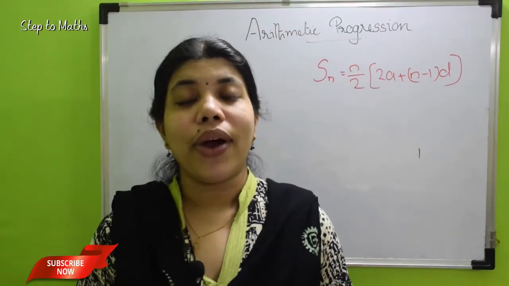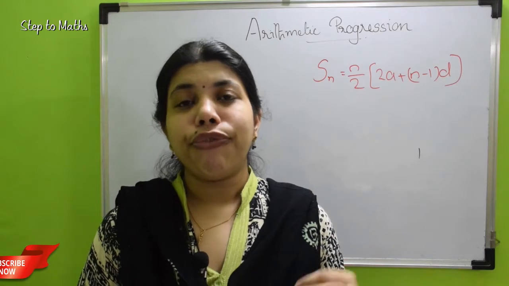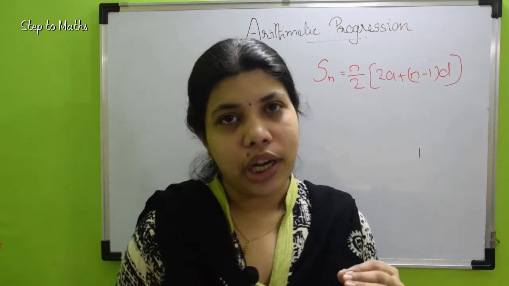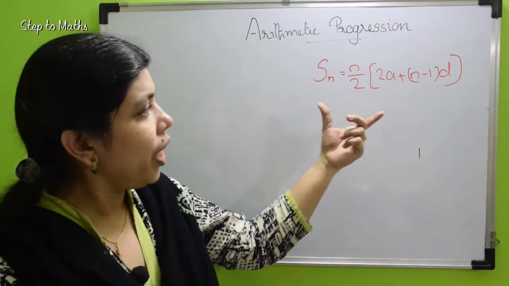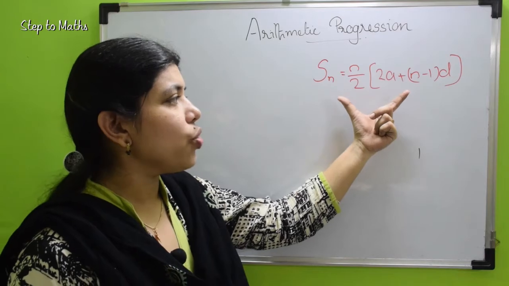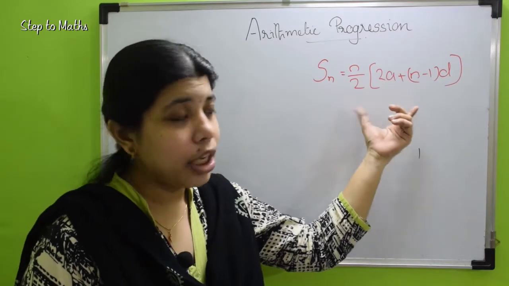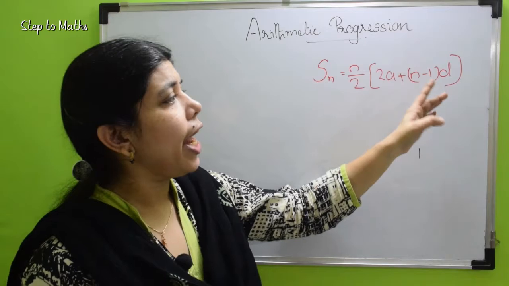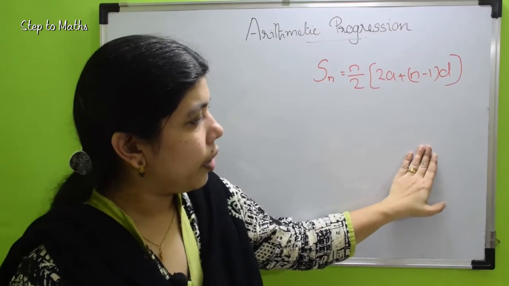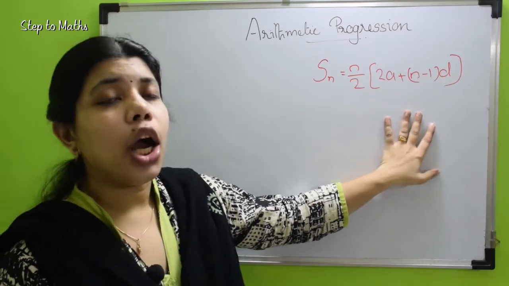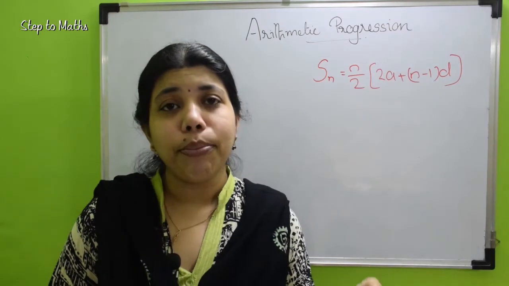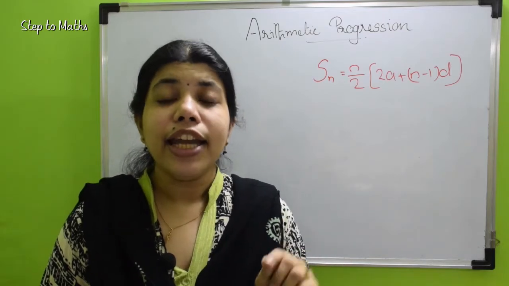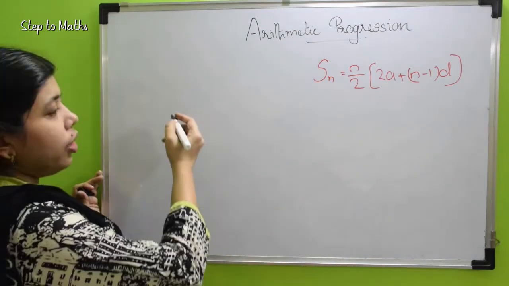How can we find the sum of the first n natural numbers? We know the equation for the sum of the first n terms in an arithmetic progression: Sn is n upon 2 into 2a plus n minus 1 into d. Using this equation, how can we find the sum of the first n natural numbers?